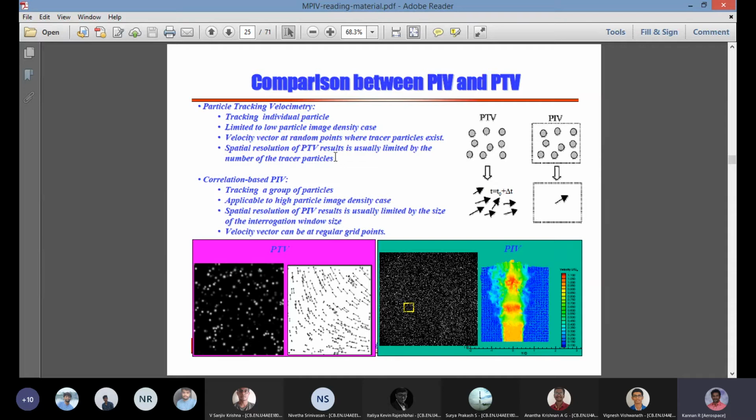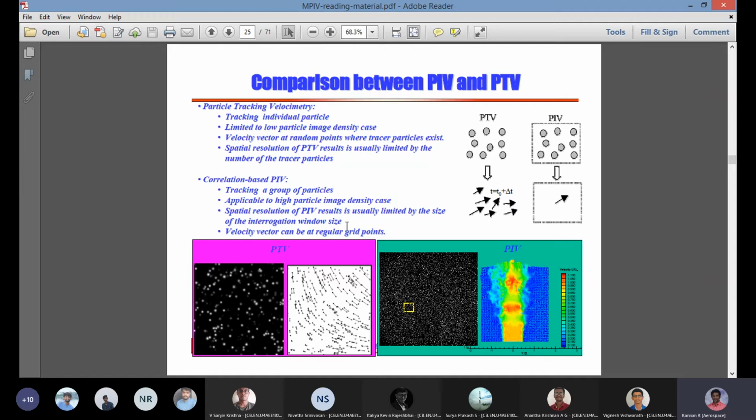So there is a comparison between two things: particle tracking velocimetry and correlation-based PIV. In the case of particle tracking velocimetry, you are going to track individual particles, but it's limited to the low particle image density case. If there are more particles, we can't.